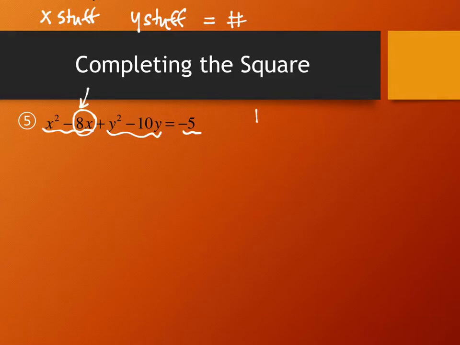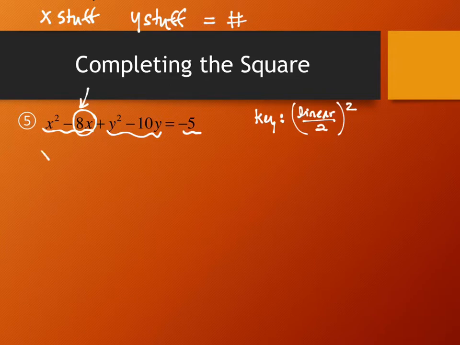The key to completing the square is to take the linear term, divide it by 2, and square it. I mean the number, the 8, not 8x, just 8. If I take the negative 8, or the 8, it doesn't matter if you keep the negative or not, and divide by 2, what do I get? 4. And if I square it, what do I get? 16. Everybody good with that?